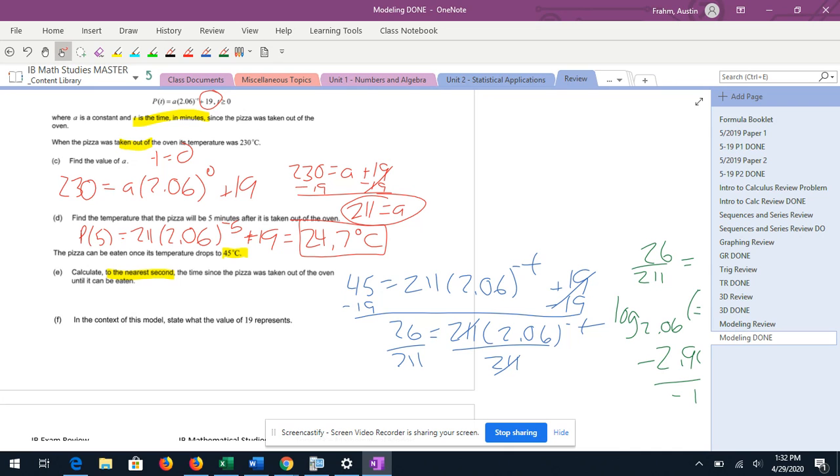So in the context of this problem, it is the room temperature of the dining room. That dining room is where they put the pizza after it's taken out of the oven. So it can never get below that room temperature.